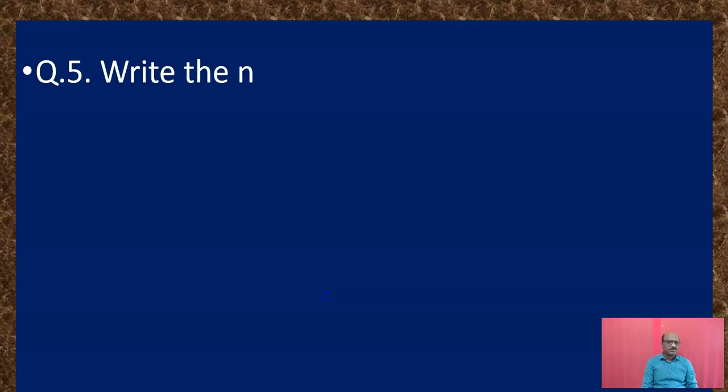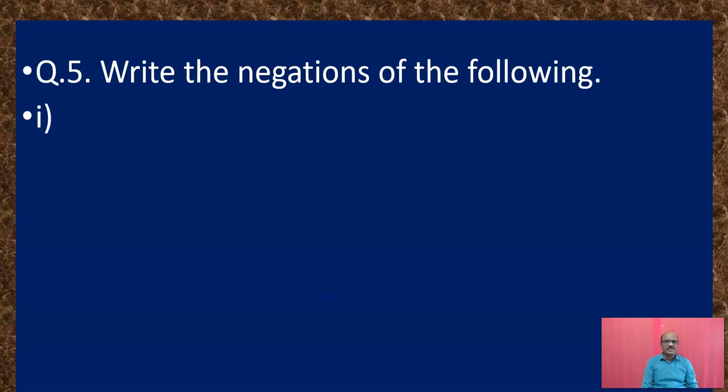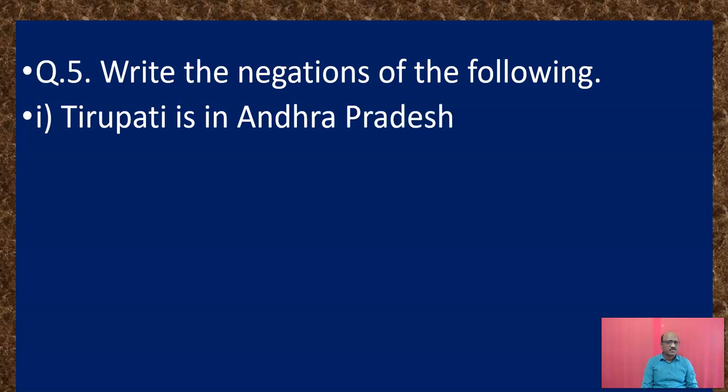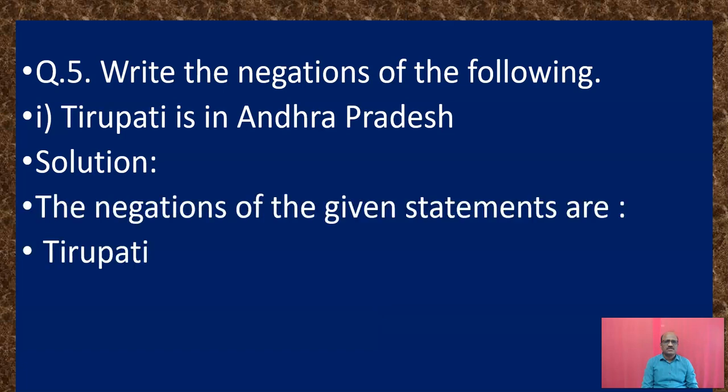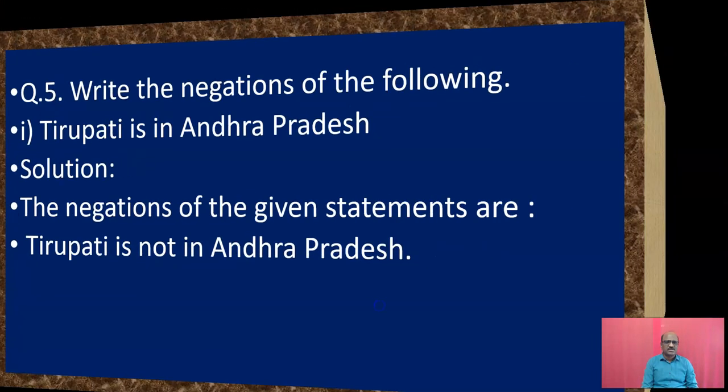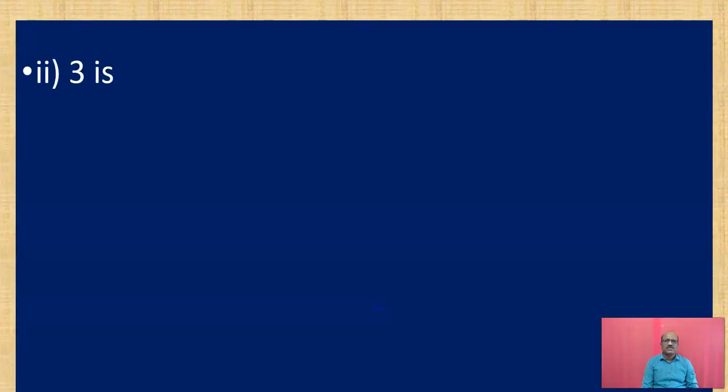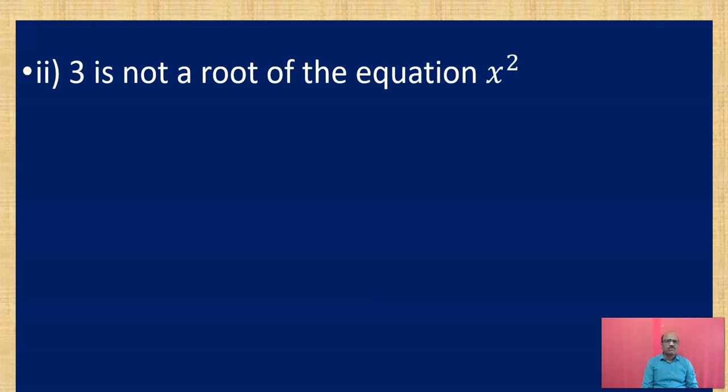Now the question number 5. Write the negations of the following. First, Tirupati is in Andhra Pradesh. Its negation is, Tirupati is not in Andhra Pradesh. Next, 3 is not a root of the quadratic equation x square plus 3x minus 18 equals 0.